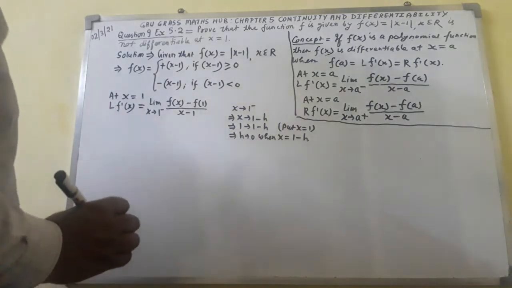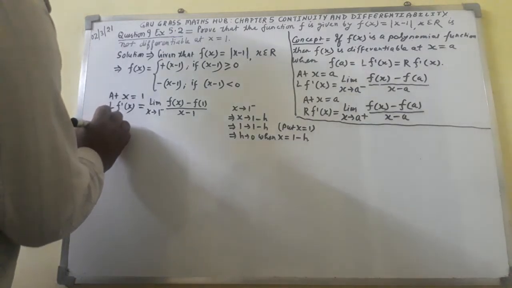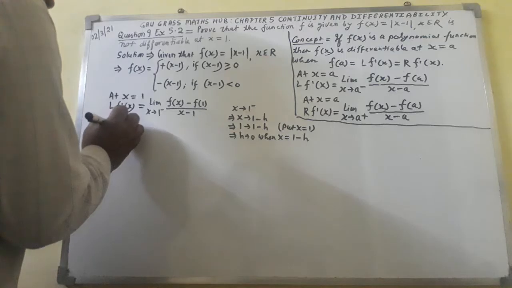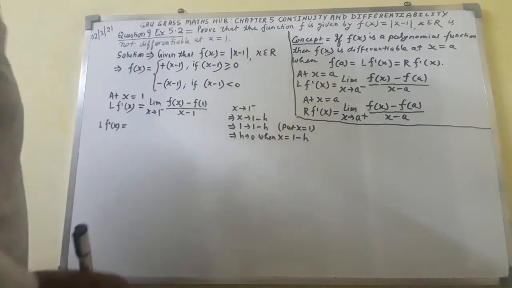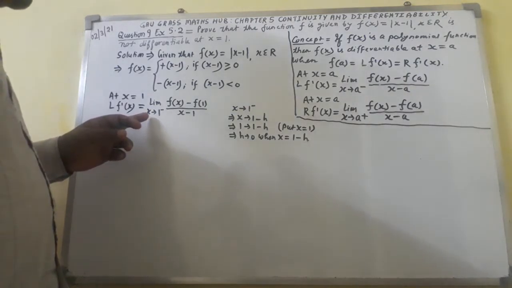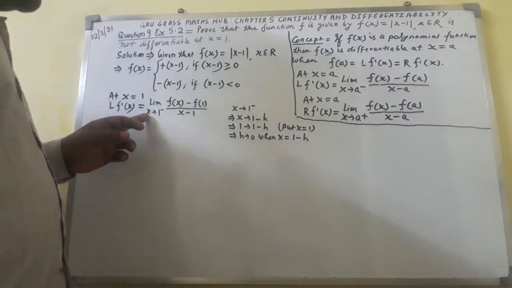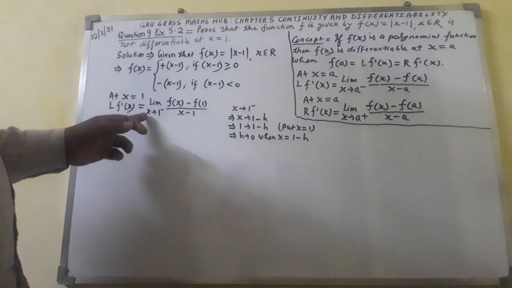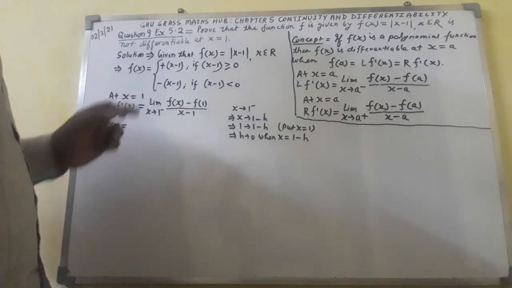Here I shall write left hand limit, left hand derivative of f of x comes out to be, here it says x tends 1 of negative. This means that the value of x must be less than 1.